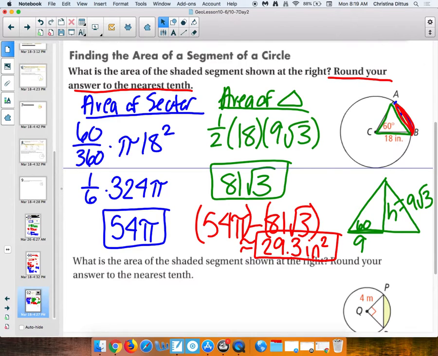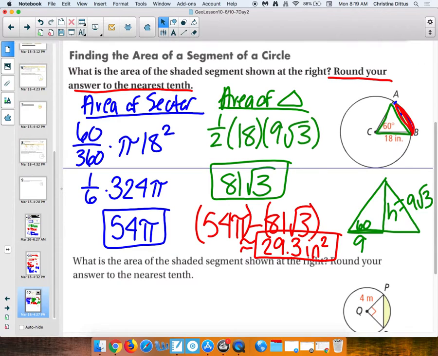You took 81 times square root of 3. Oh. So 54 times pi minus 81 times square root of 3. You didn't get that?